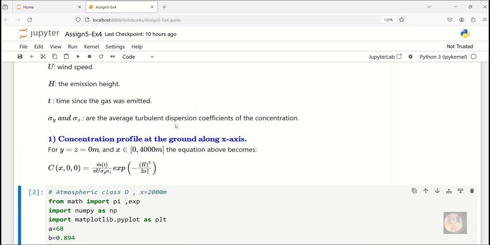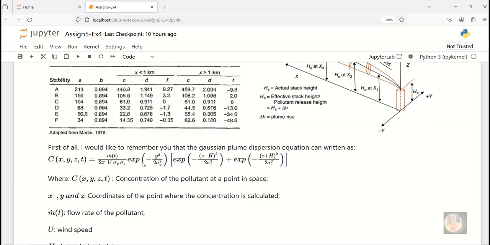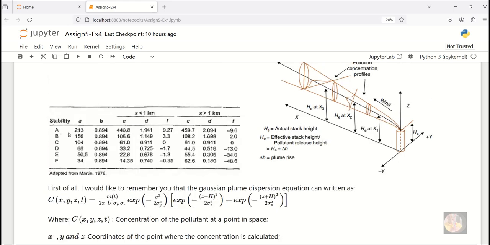So C at x, y equals 0, z equals 0 is equal to m point divided by pi u sigma y sigma z, times exponential minus h squared divided by 2 sigma z squared. I would like to tell you that in reality, if you take an atmospheric class T, sigma y is equal to a constant.